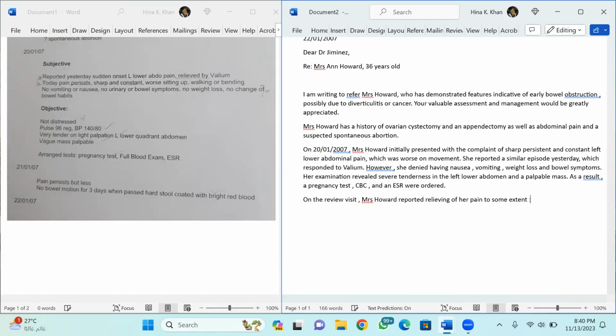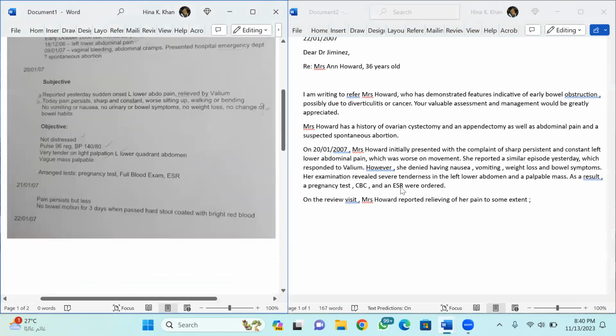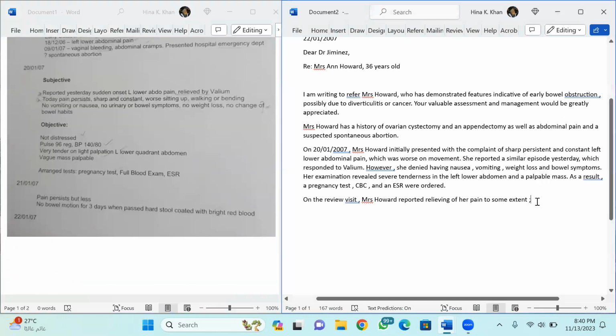Now this is again something very contrasting. It's good news that her pain was relieved, but this is something very bad and contrasting, so I will again use a linker here.